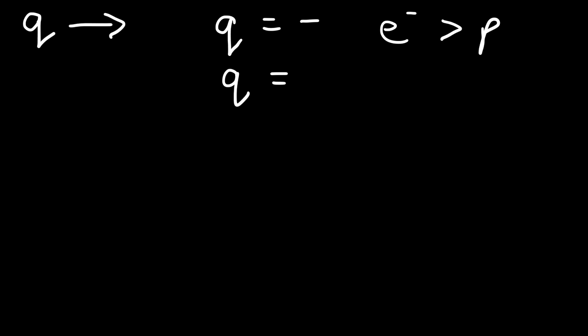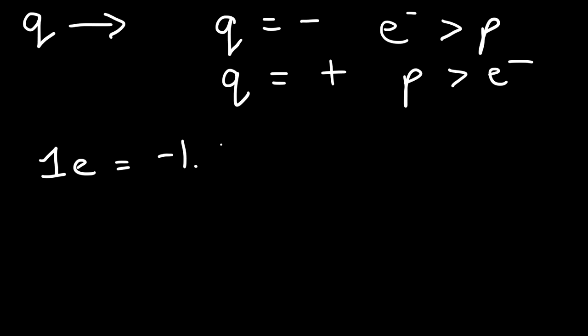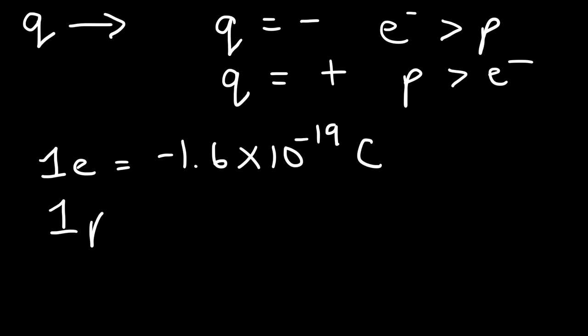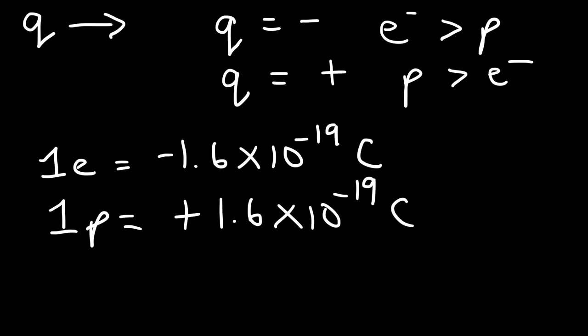And when Q is positive, there are more protons than electrons. The charge of one electron is equal to negative 1.6 times 10 to the negative 19 coulombs. The charge of one proton is positive 1.6 times 10 to the negative 19 coulombs.